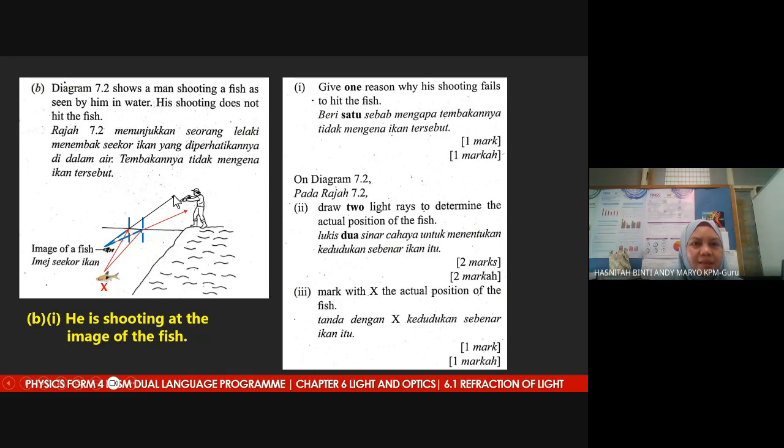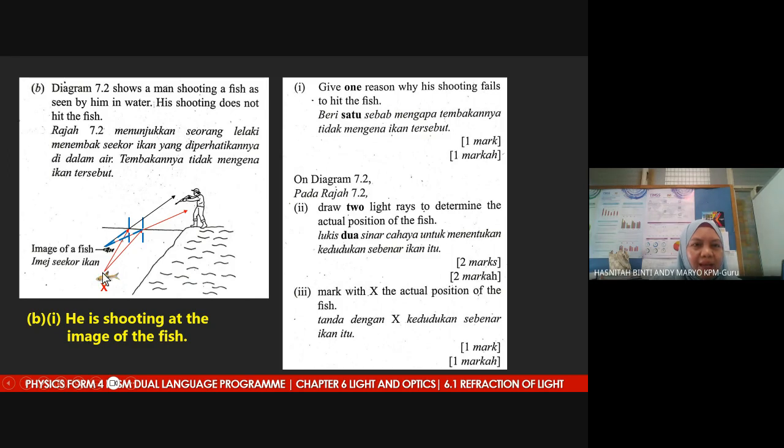So this is the light in the air. So we draw the line refracted closer to the normal in the water. The second line also, from the line at the boundary, we draw a light ray refracted closer to the normal in water.